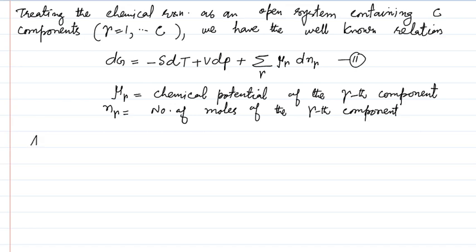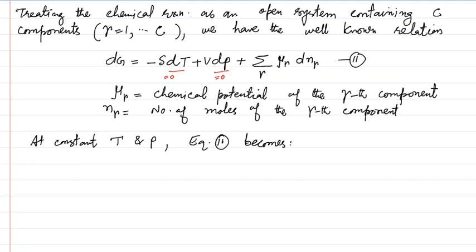Now if we take a condition where we keep temperature and pressure constant, equation number 11 can also be written as, at constant temperature and pressure, so if temperature is constant, dT will be equal to 0, and dP will also be equal to 0, that means this term will be equal to 0 and this term will also be equal to 0.